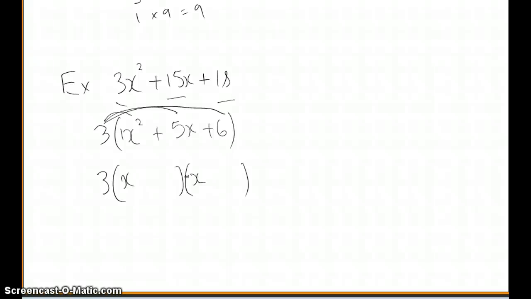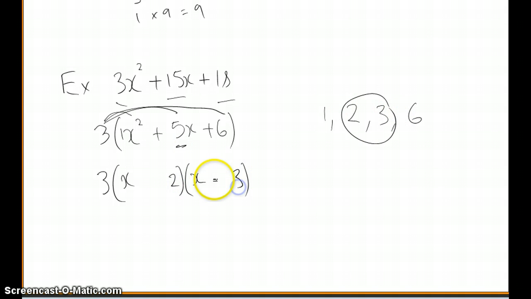Multiples of 6, what are they? Okay, and we want to choose a pair that add to 5. Everything's positive here, so I don't need to think about, do I need to put a negative on both of them or on one of them? It works.